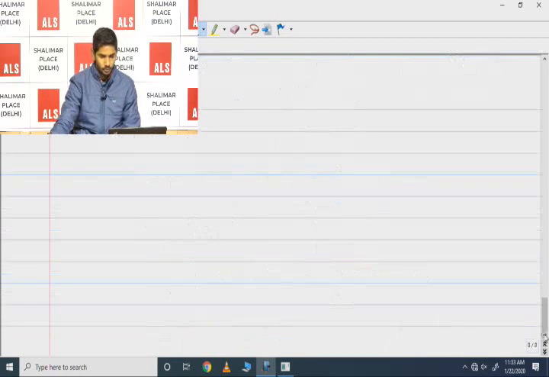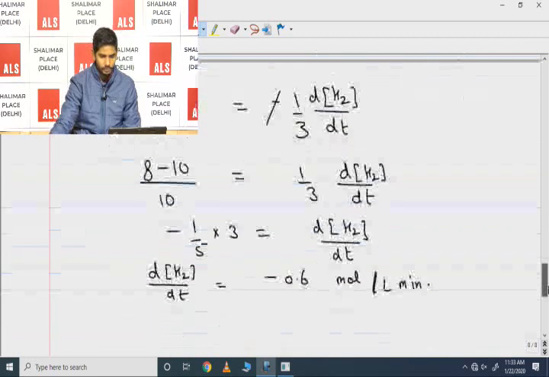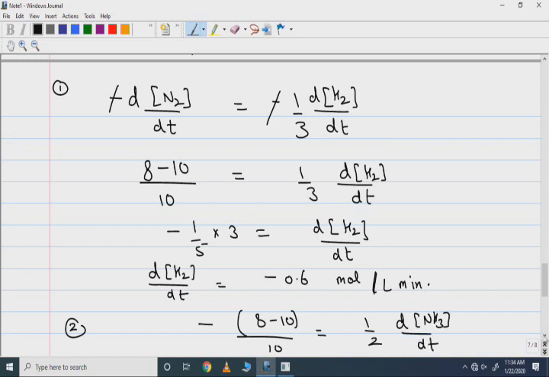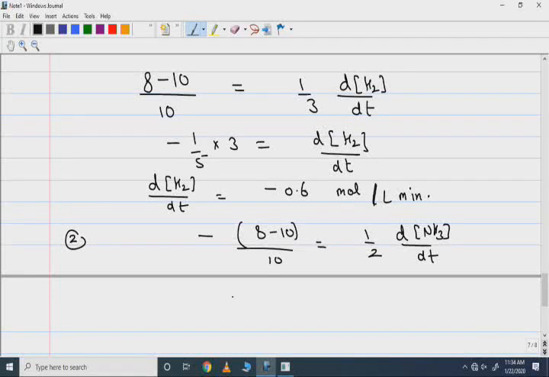Okay. So I'm going to use dN2 by dt, which is minus 8 minus 10 upon 10 is equals to 1 by 2 dNH3 by dt. Now you can see by default you will get the positive sign. This is 1 by 5 with positive. 1 by 5 into 2 is equals to dNH3 by dt.